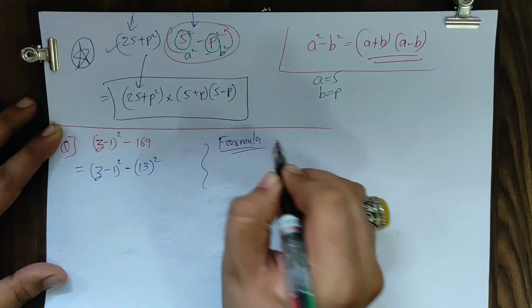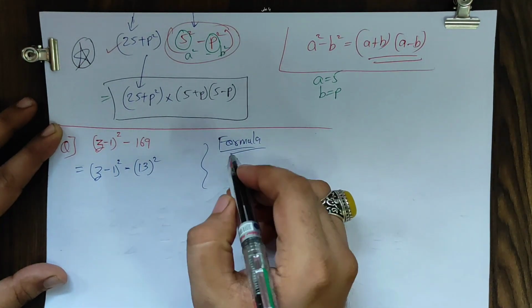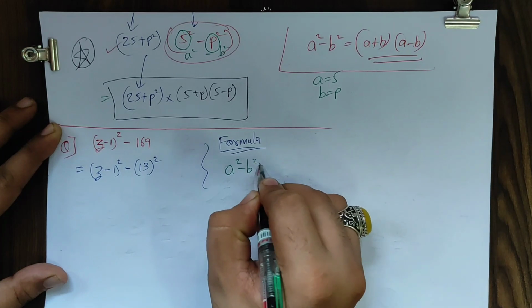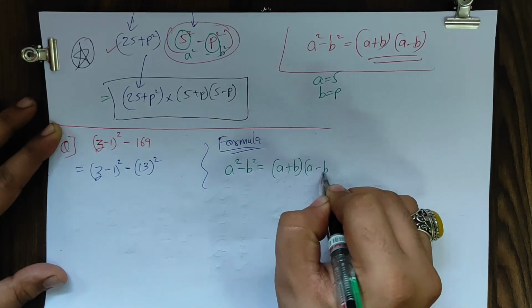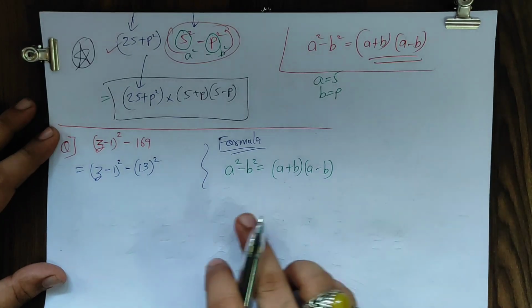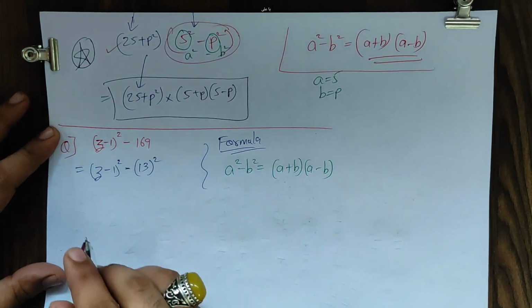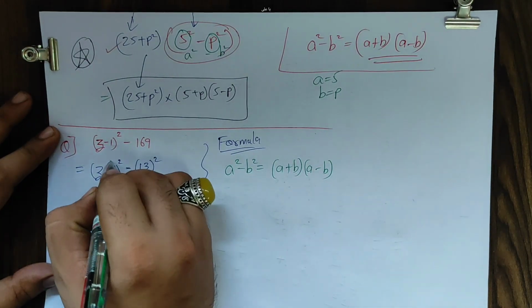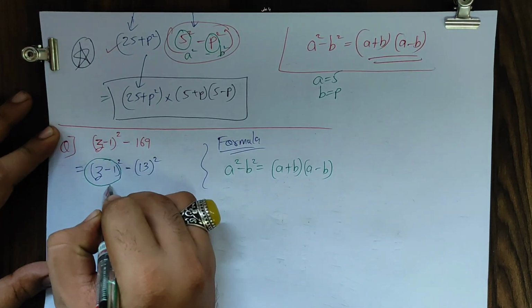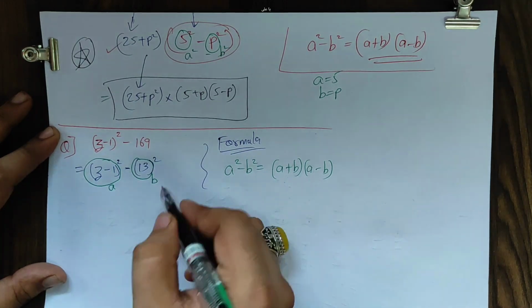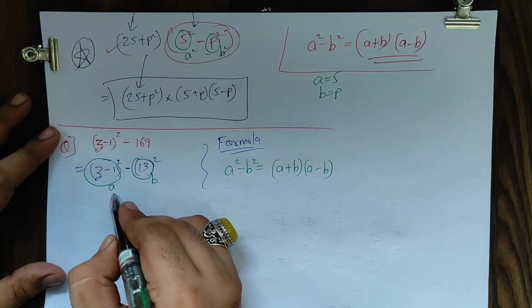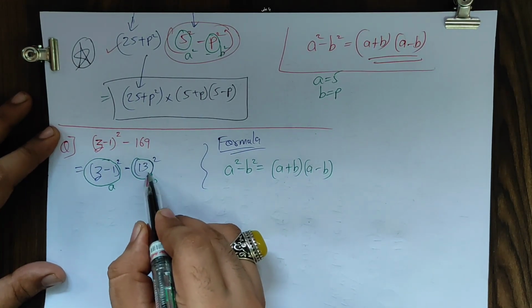We know a square minus b square is a plus b, a minus b, right? In my mind I will consider z minus 1 like a and 13 like b.